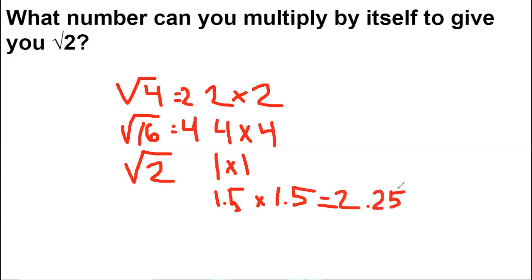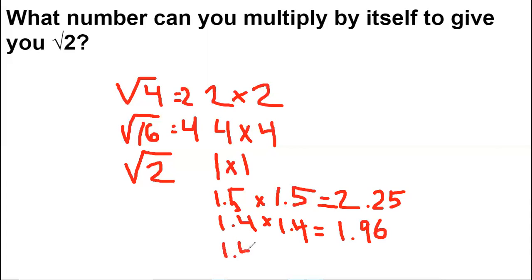What if we tried something a little smaller? What if we tried 1.4 times 1.4? What do we get then? 1.96. That's not 2 either, is it? But it's pretty close, but it's not exact, right? What if we tried another decimal place?